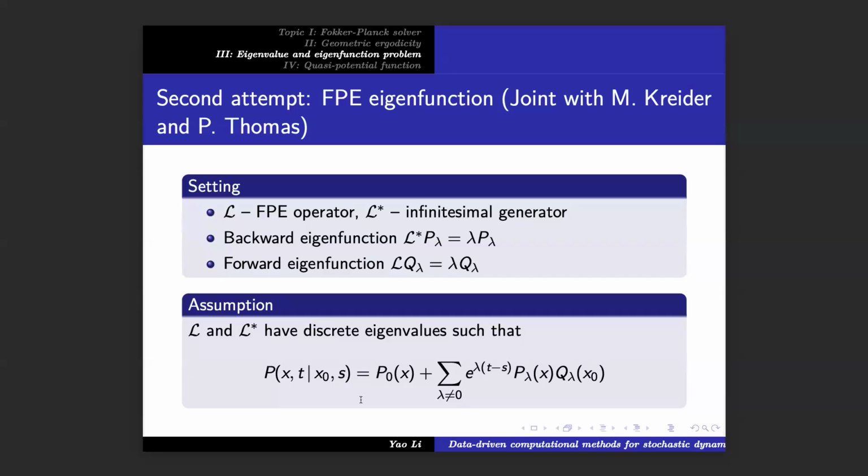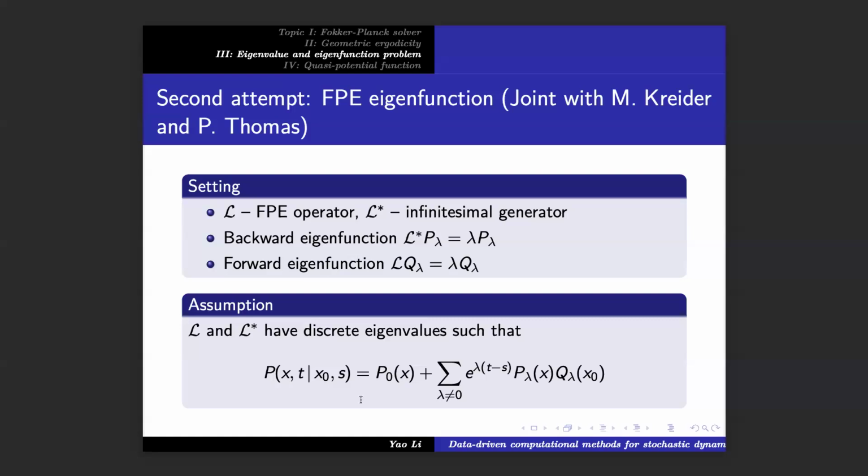Or if you study computational chemistry, then you may know that there is a one-to-one correspondence between the Schrödinger equation and the Fokker-Planck equation. Whatever eigenfunction you calculate for Fokker-Planck, you can immediately find the corresponding eigenfunction for the Schrödinger equation. And we all know that the eigenfunction of the Schrödinger equation is called the ground state. That's extremely important in computational chemistry.